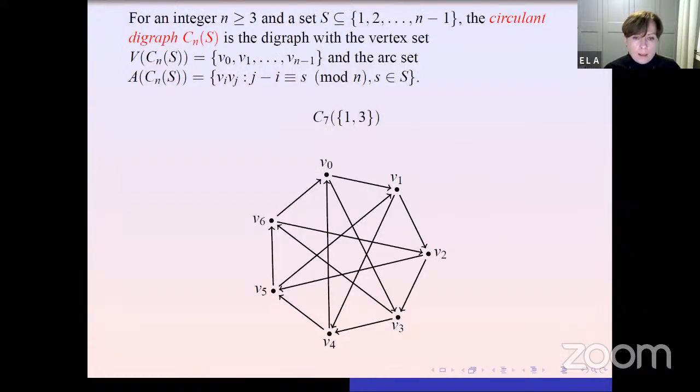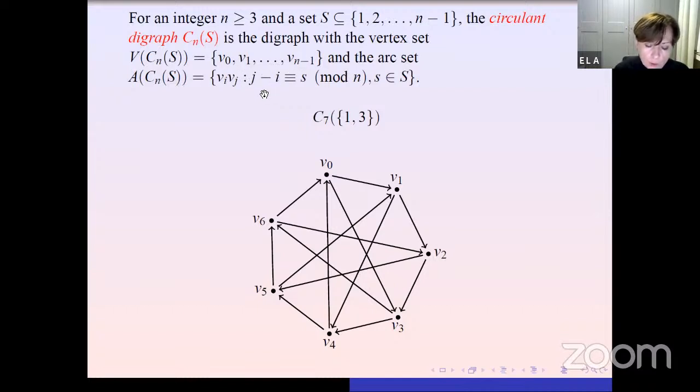Okay. Next we consider circulant digraphs, and here is the definition of a circulant digraph. So let S be a subset of integers from 1 to n minus 1. A circulant digraph C_n(S) is a digraph with n vertices, which we denote in this way: v0, v1, up to v(n minus 1).